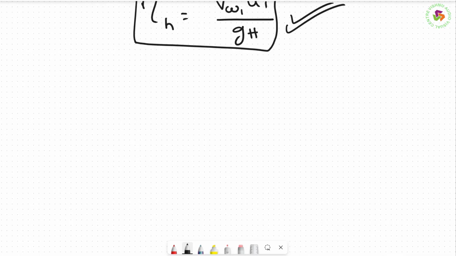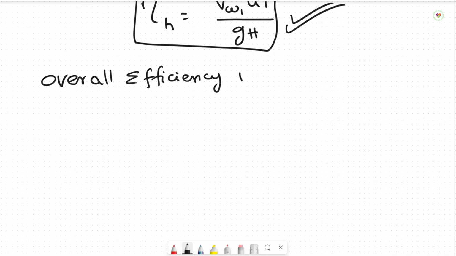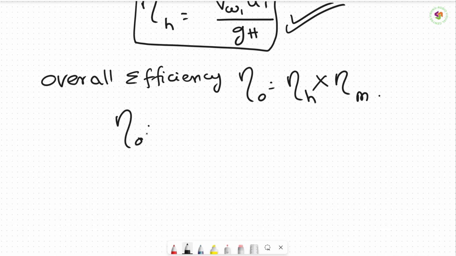Then coming to the next, the overall efficiency is equal to hydraulic efficiency into mechanical efficiency. That's all. Overall efficiency is equal to shaft horsepower divided by water horsepower.